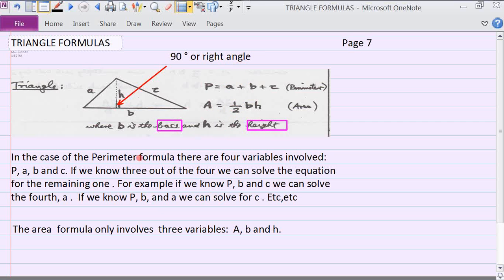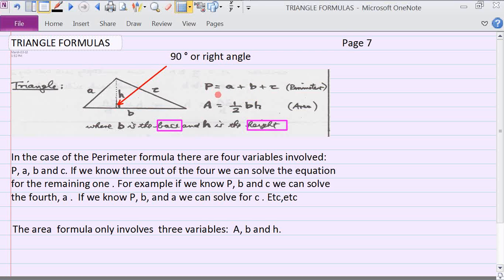In the case of the perimeter, there are 4 variables involved: P, A, B, C. If we know 3 out of the 4, we can calculate the 4th. For example, if we know A, B, and C, we can calculate the perimeter.